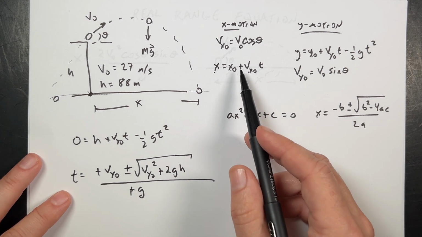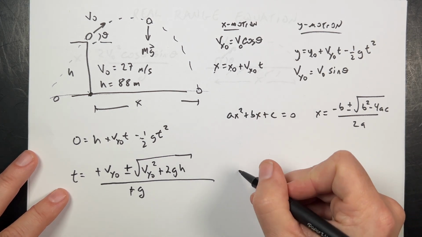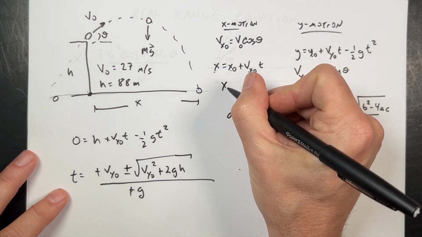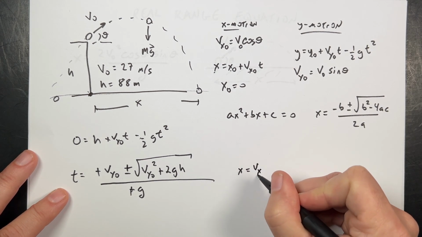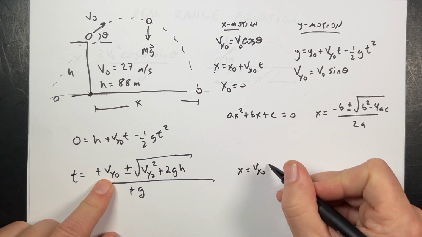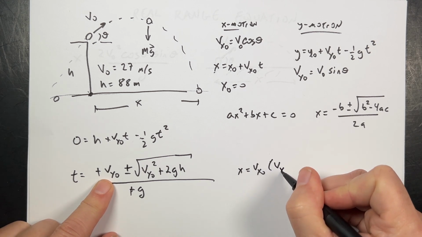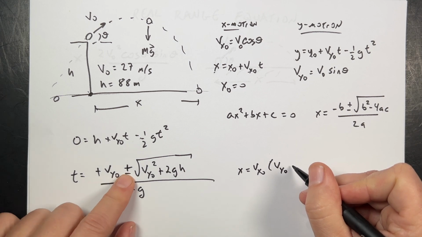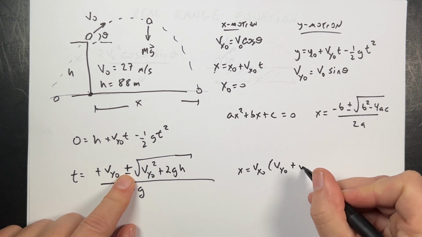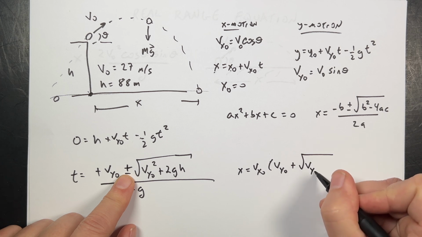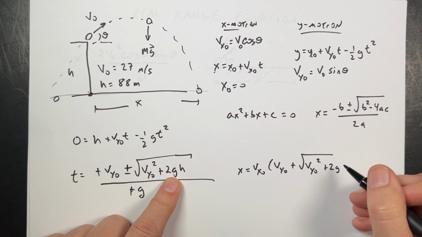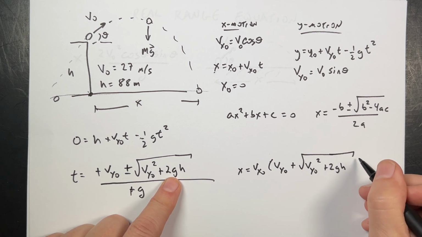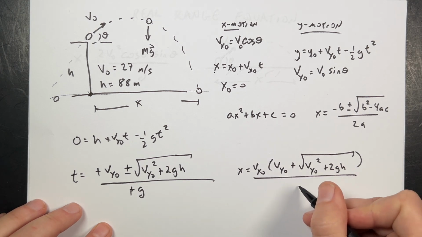Now I can take that and plug it into my equation over here, and let's say x0 equals 0. So x final is vx0 times vy0 plus the square root of vy0 squared plus 2g, and g is 9.8. We've already taken into account the negative h, all of that over g.